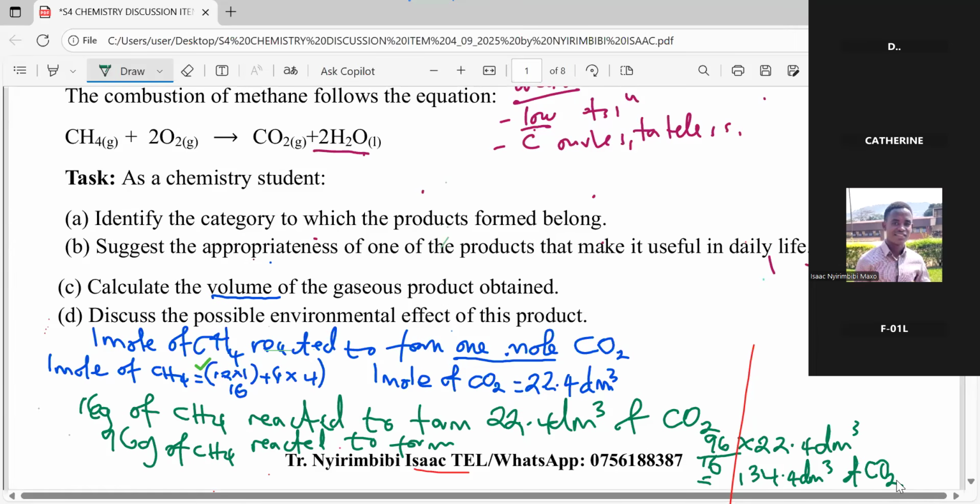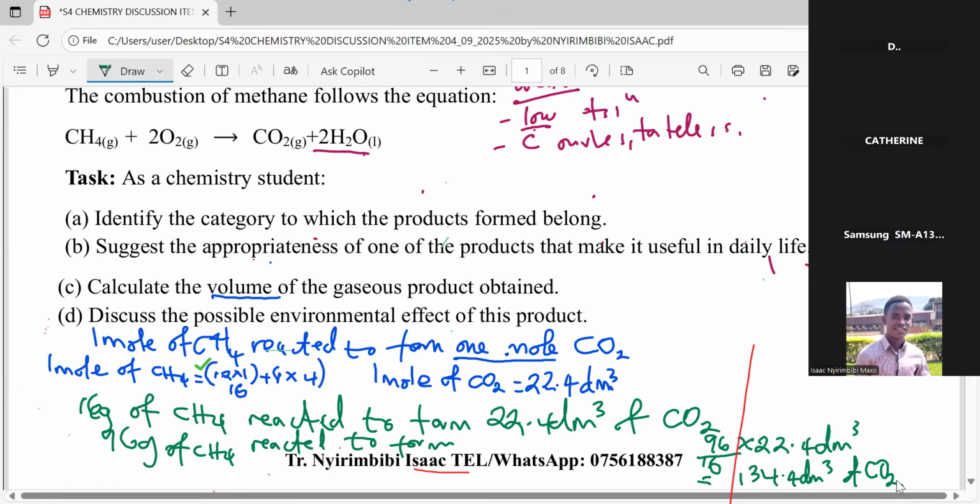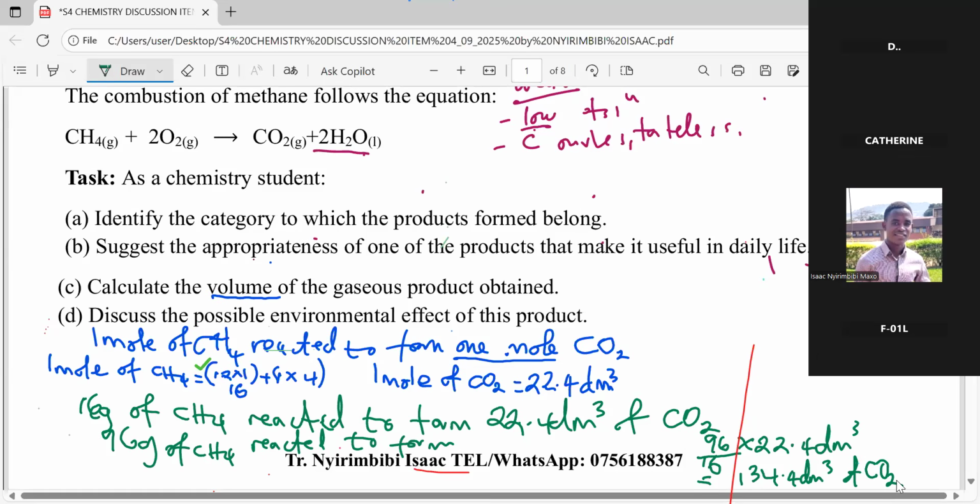In what Catherine has taken us through, do you realize that we have been looking at the relationship between volume and moles, and also the relationship between volume and mass. We have covered very many things in just one question.